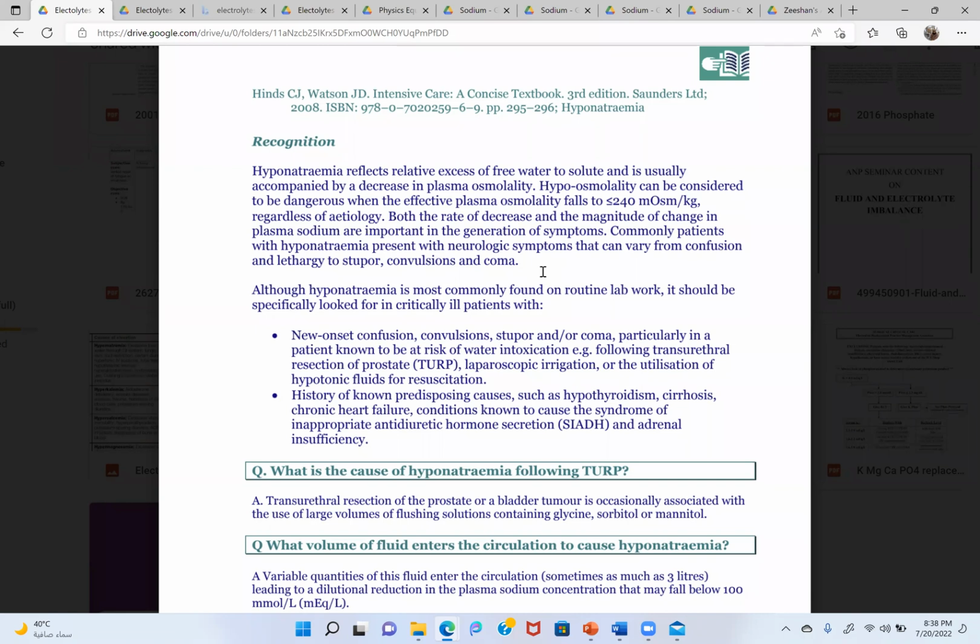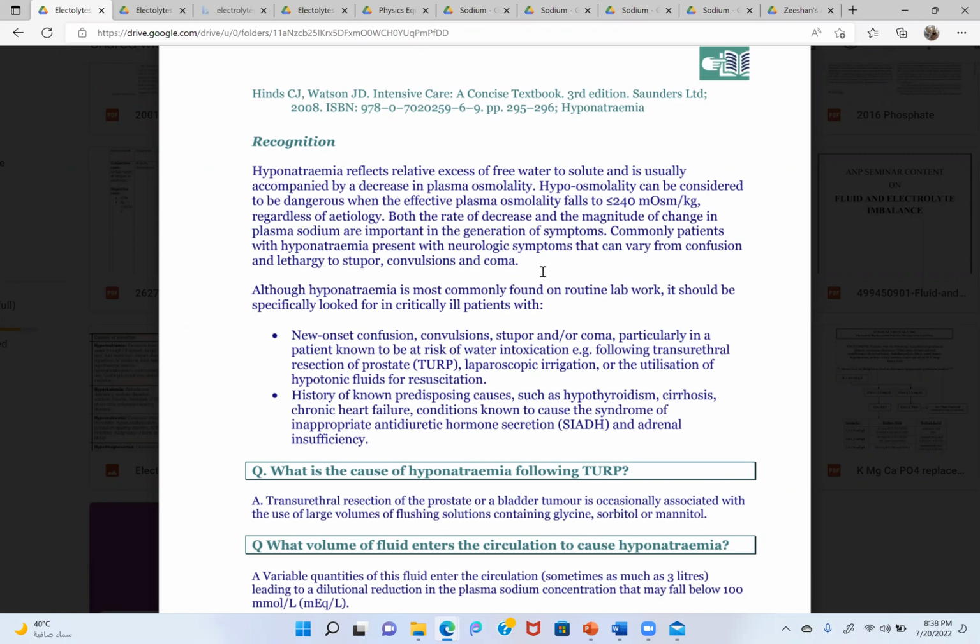If you are correcting hyponatremia and you are putting in hypertonic saline, it can cause serious sequelae. Similarly, if you are treating hypernatremia and you are trying to be very fast, it will result in cerebral edema. The other one will cause central pontine myelinolysis. So this is very important.